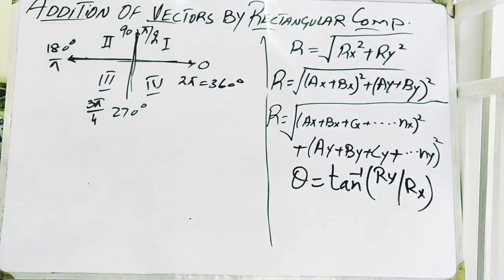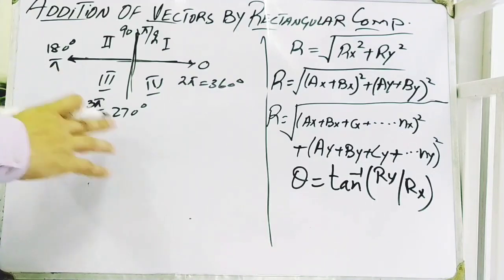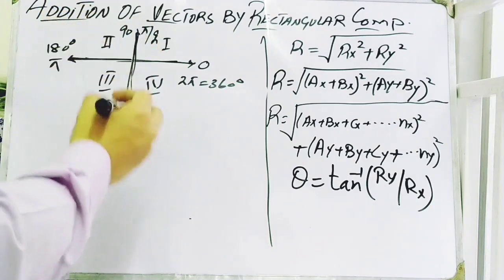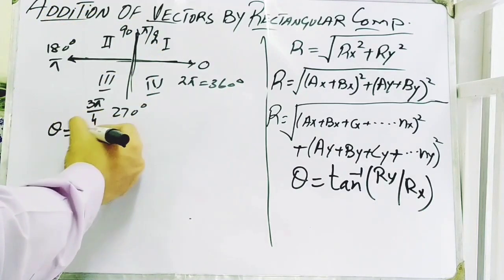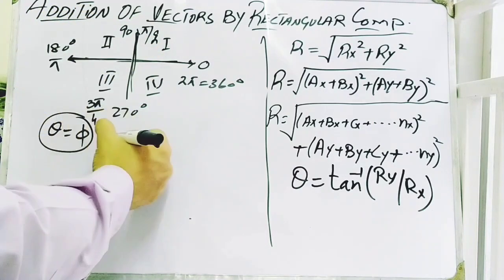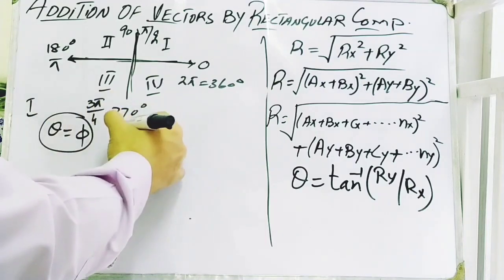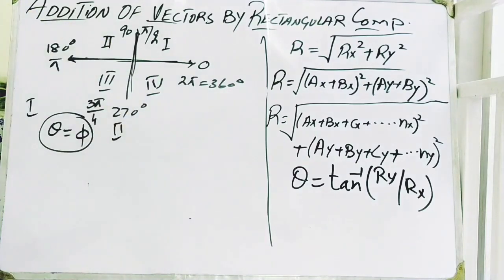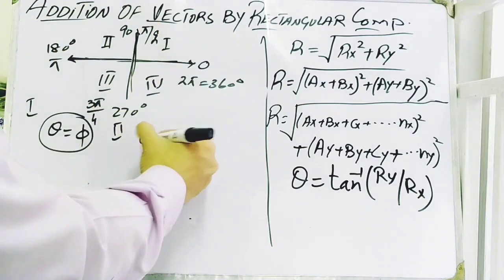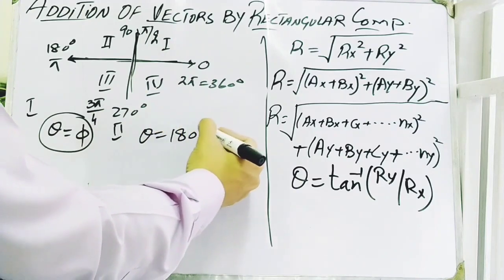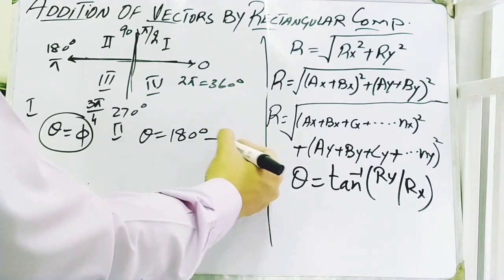So if the resultant vector lies in the first quadrant of this scenario, the angle theta is equal to phi. The angle will be the same in the first quadrant. But in case of the second quadrant, theta is equal to 180 degrees minus phi.